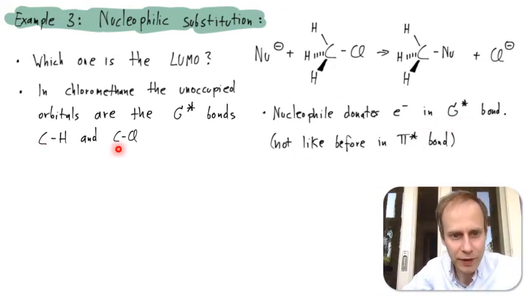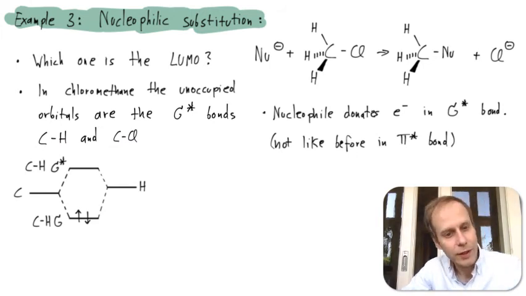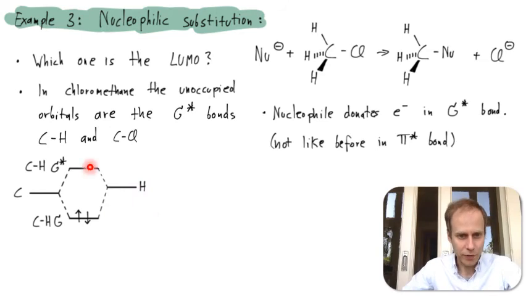So let's identify which sigma star it could be. You see here the carbon and the hydrogen, they form the sigma and the sigma antibonding orbital, and because both hydrogen and carbon, the orbitals that form these molecular orbitals, are very similar in energy, this is a very symmetric energy diagram.